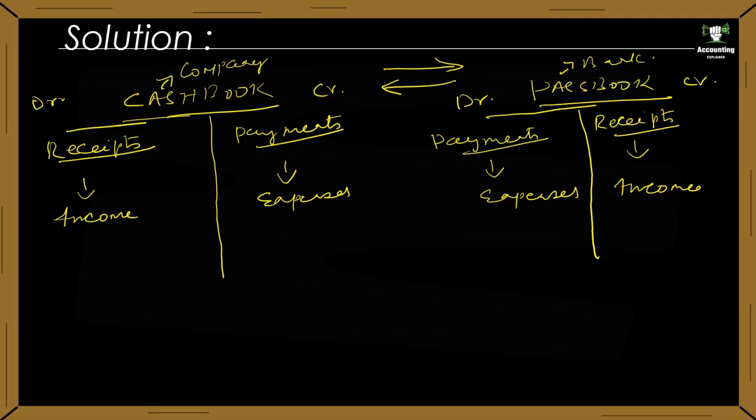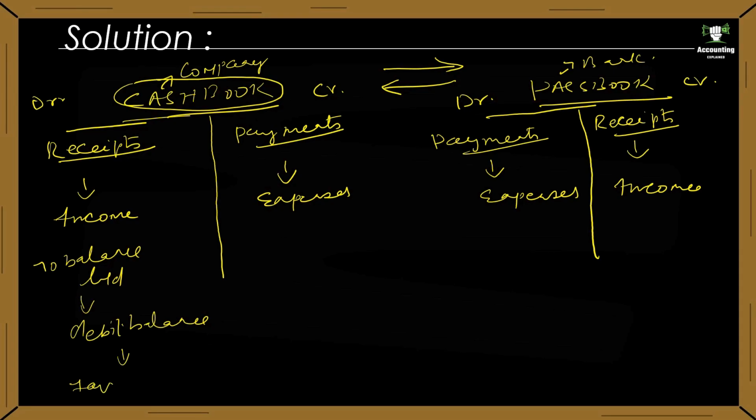Now, let's come to the opening balance. If we say opening balance or favorable balance or positive balance in the cash book, then it will appear on the debit side. To balance brought down means debit balance or the favorable balance. Similarly, in the passbook, as I told you, cash book and passbook are like mirror images, opposite to each other.